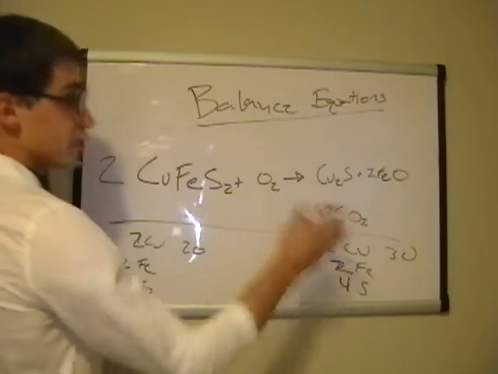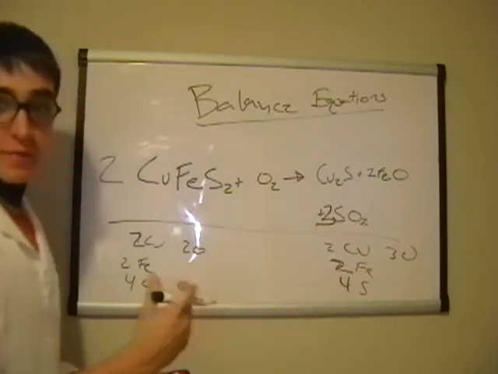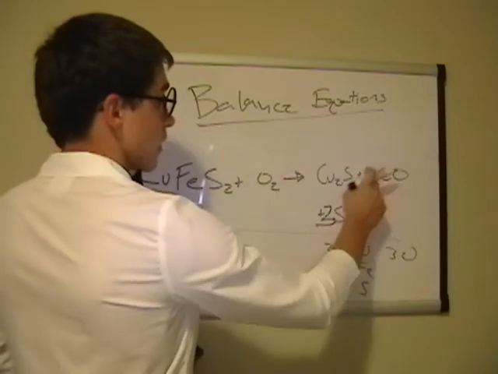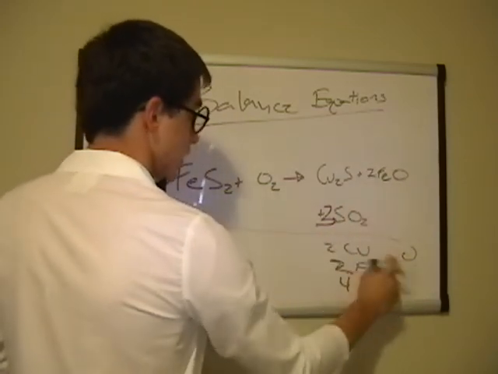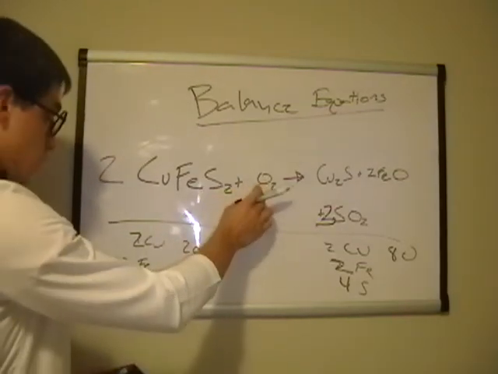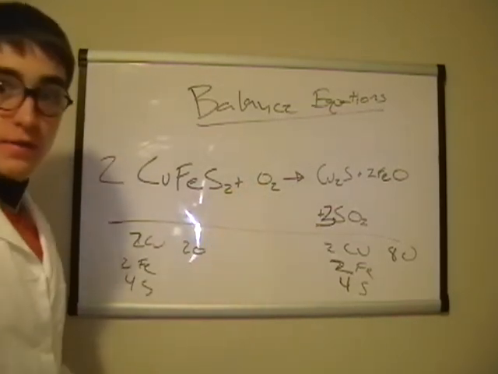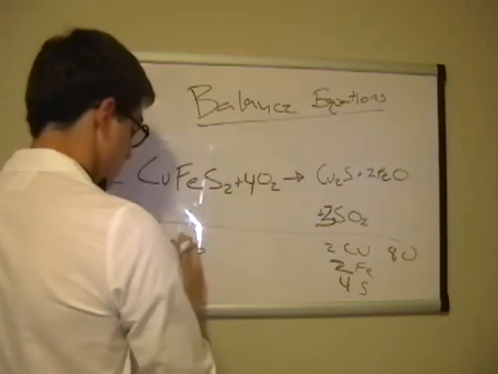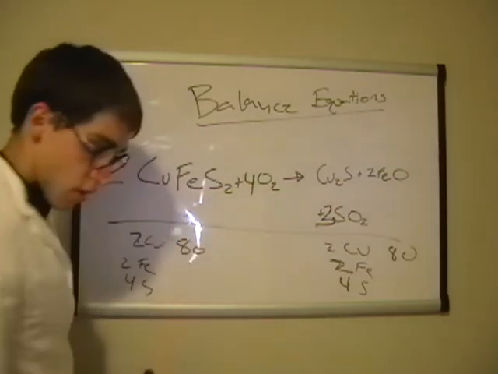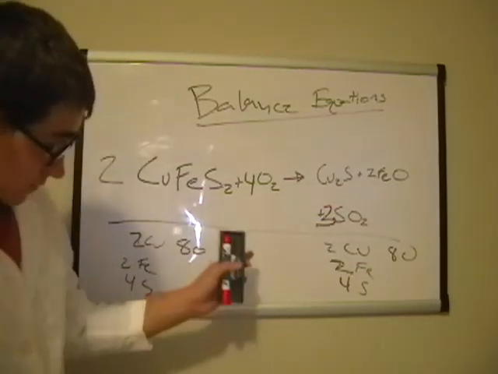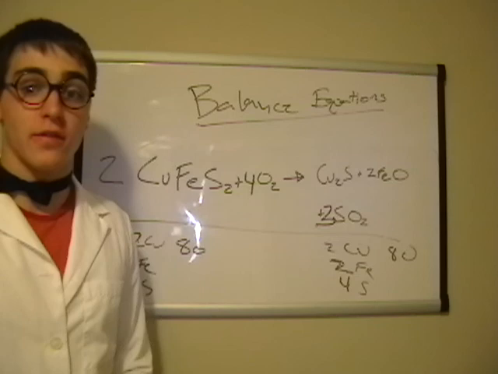That also changes the amount of oxygens that we have, but as I said, we have to balance these things at the same time. So now we have 8 oxygens on this side, and only 2 oxygens on this side. Well, that is easier for us to balance, because if we put a 4 right here, we end up with 8 oxygens. So as you can see, our equation is now completely balanced.